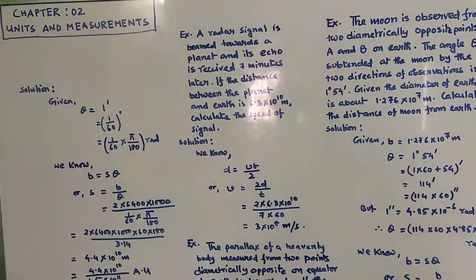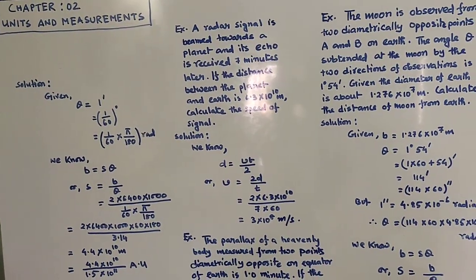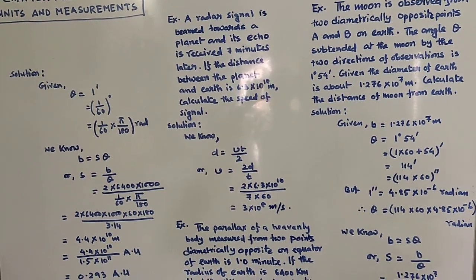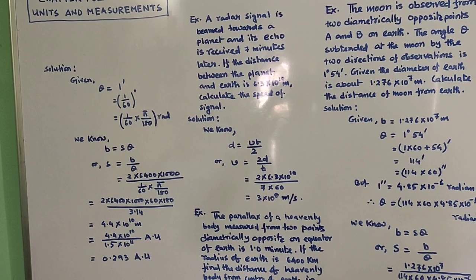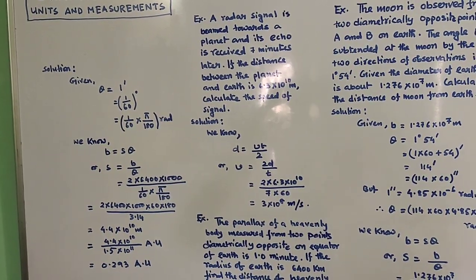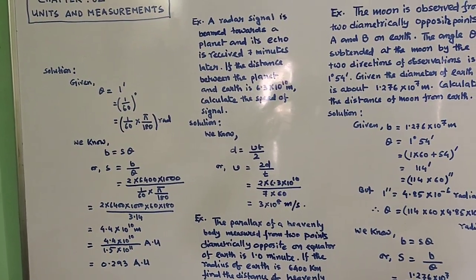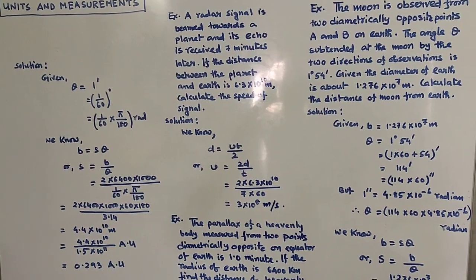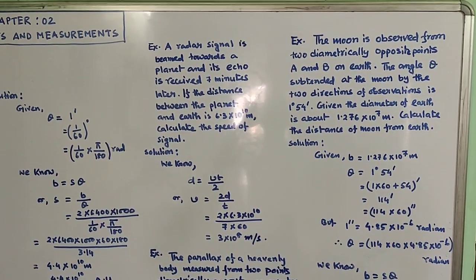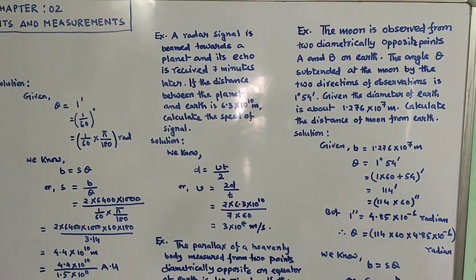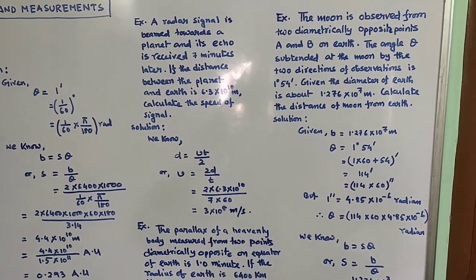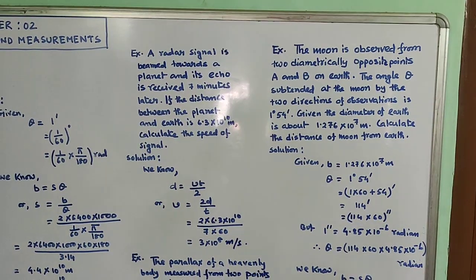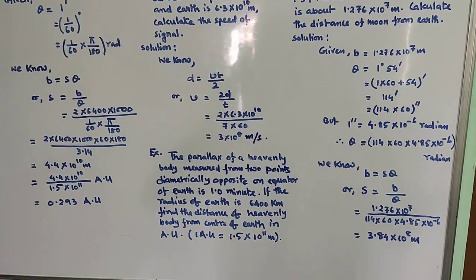Already you know this formula, so you use it directly. And for reflection you have to use 2d equal to vt, because it covers the distance twice, and the time is t. So please go through similar numericals, because in the exam you will get this kind of numerical.